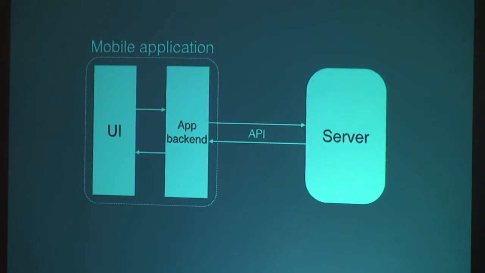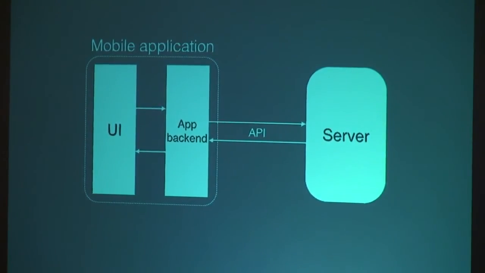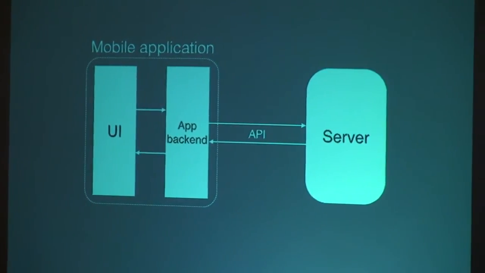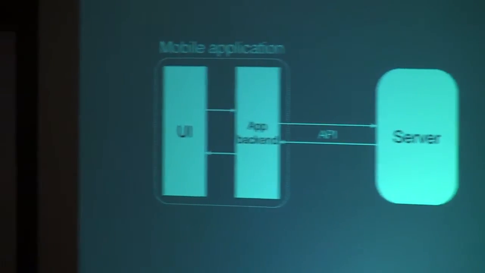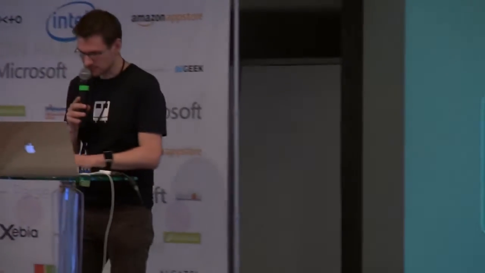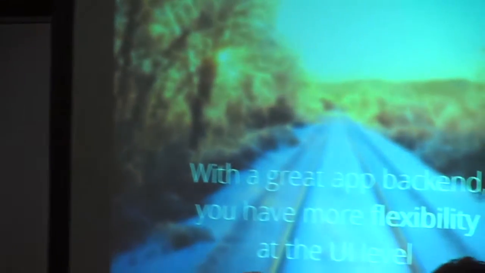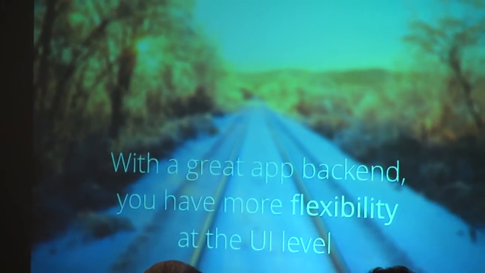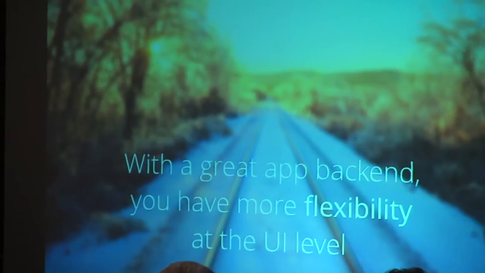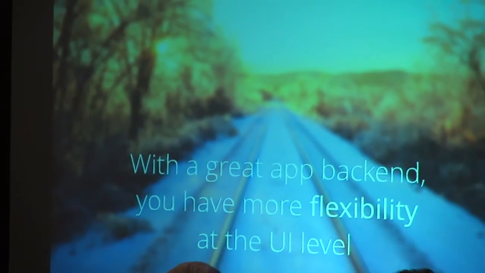So basically, you have all your activities and fragments in the UI layer, and you have another layer called the app backend, which contains all your data and how you communicate with the server. This gives you very good flexibility at the UI level. Then you can test a lot of implementations for the UI and the UX.